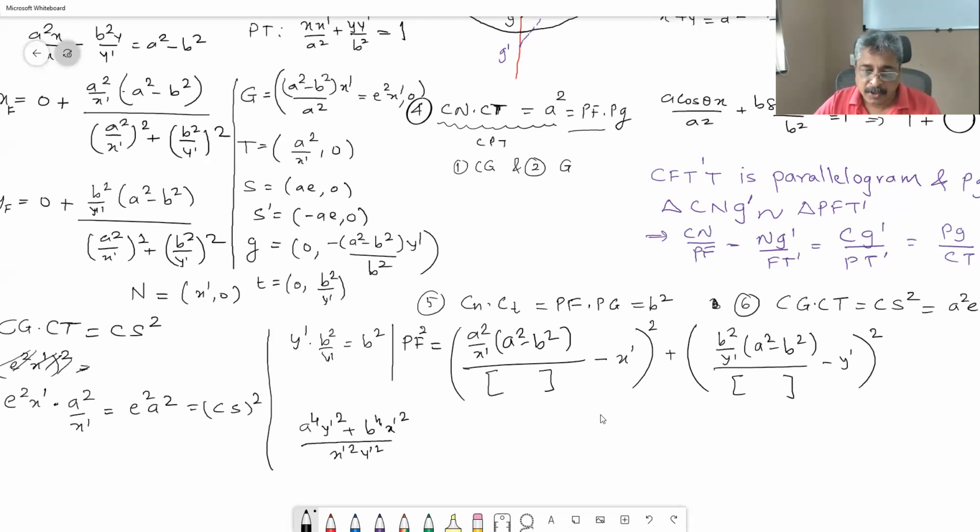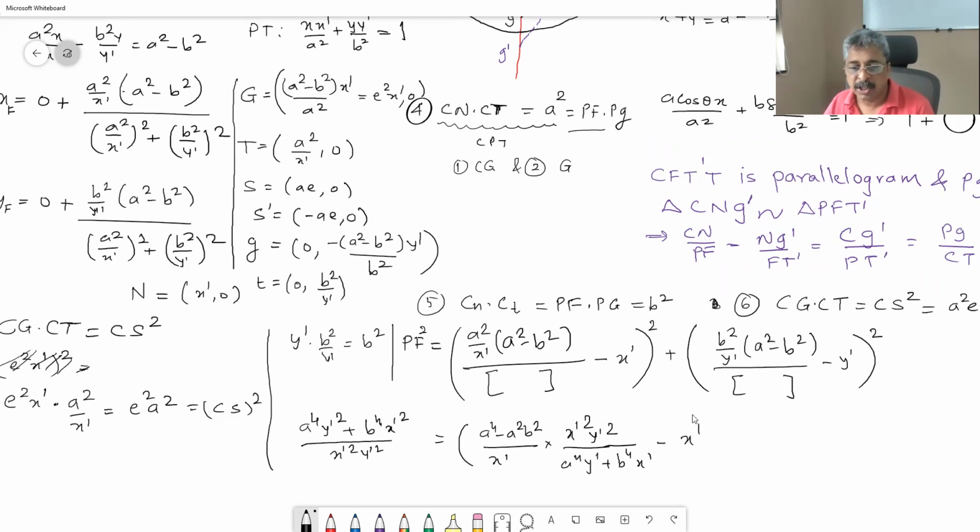That is my denominator, and therefore I write PF square as a square into a square, that is a fourth, minus a square b square upon x dash into x dash square y dash square upon a fourth y dash plus b fourth x dash. This is the simplification of this minus x dash, and similar simplification will be there.